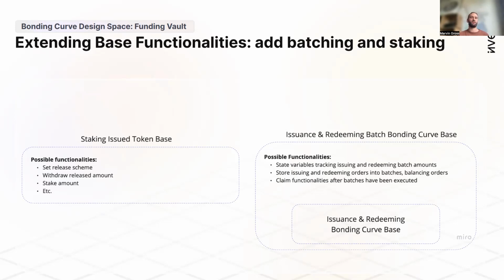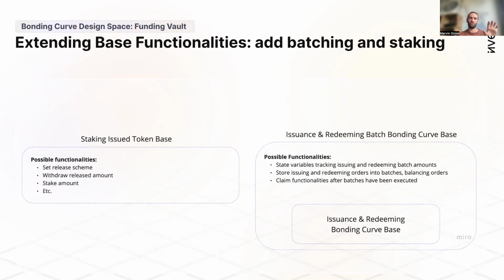And then we add another building block, which would be an issuance and redeeming batch bonding curve base, which adds possible functionalities like storing the variables, tracking who has bought, who's trying to redeem, batching those, claim functionalities, these sort of things. And it would, of course, inherit from our earlier building blocks, which are the issuance and redeem bonding curve base.